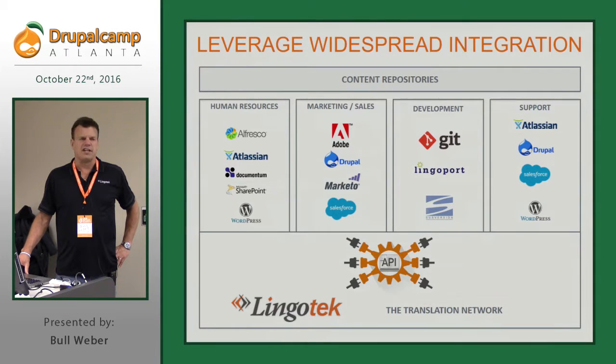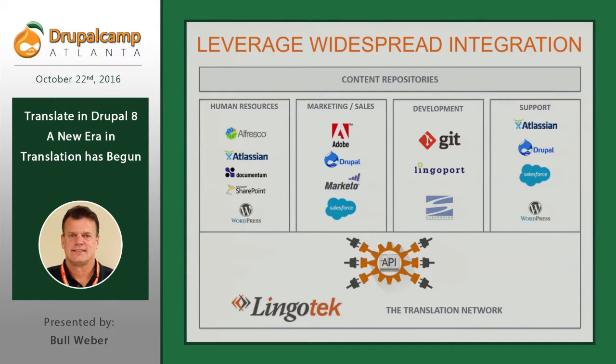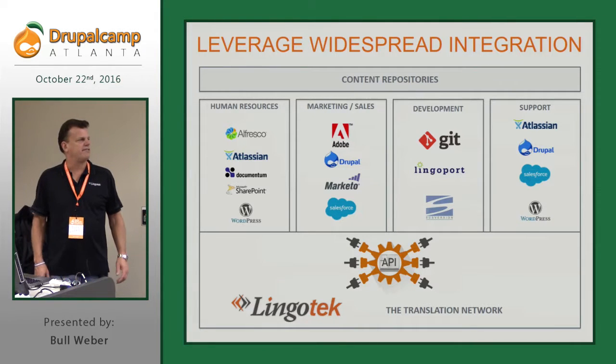If you think about a large enterprise, they use all kinds of different digital products. They might use Drupal for their public-facing website, but look at all of these other applications they may be using. They're probably using SharePoint. They probably use Git for agile development. There are a bunch of different things.